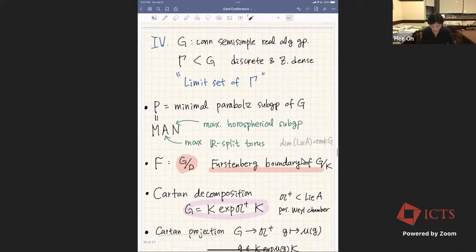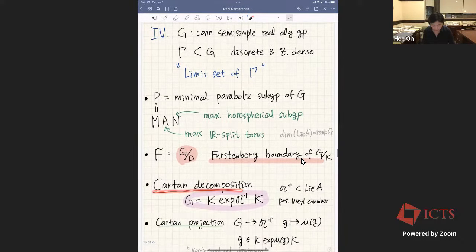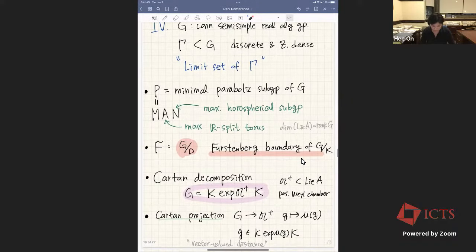I also use the Cartan decomposition. The Cartan decomposition says that G can be written as K times exponential of the positive Weyl chamber A plus, times K, where A plus is the positive Weyl chamber in the Lie algebra of A. And this Cartan decomposition lets us define what is called the Cartan projection map.